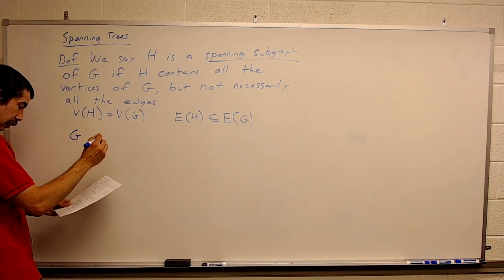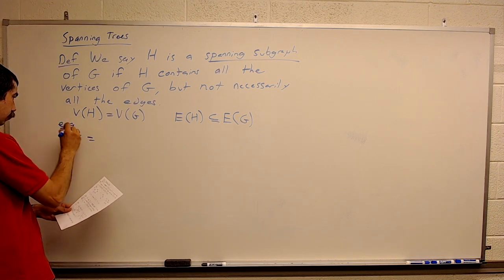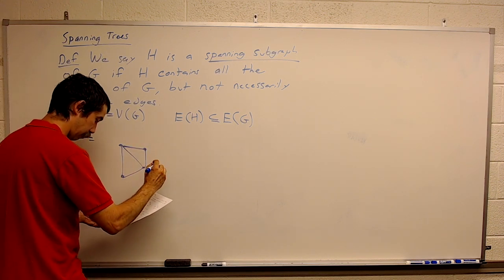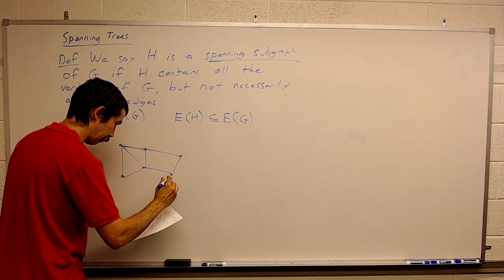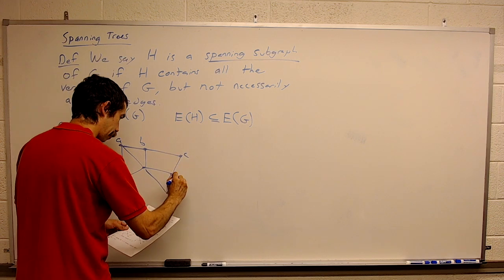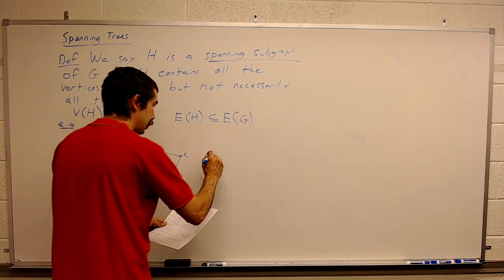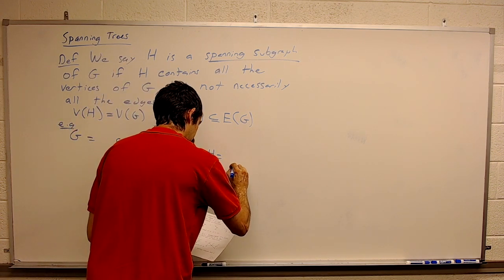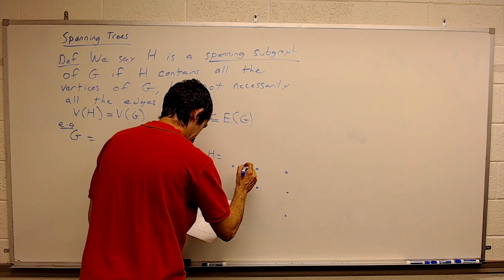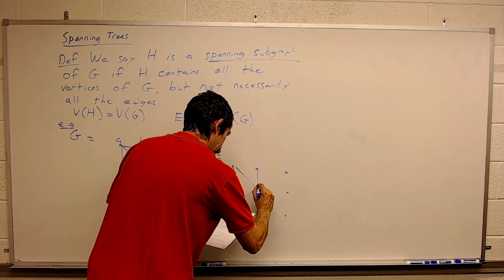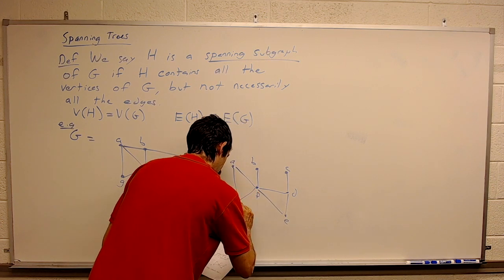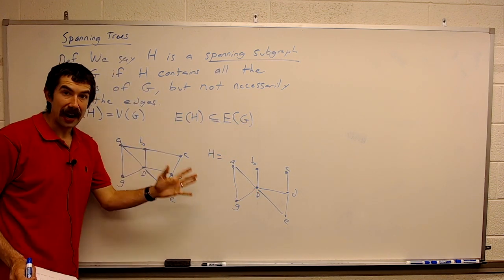So if G is the following graph, all right, so if this is G, and if this is H, then H is a spanning subgraph of G, right?